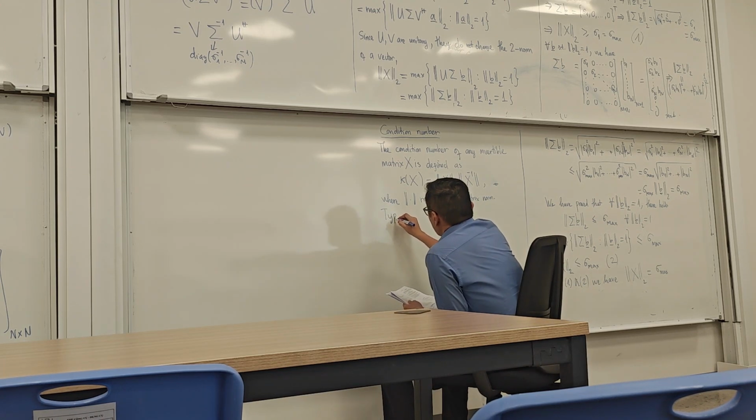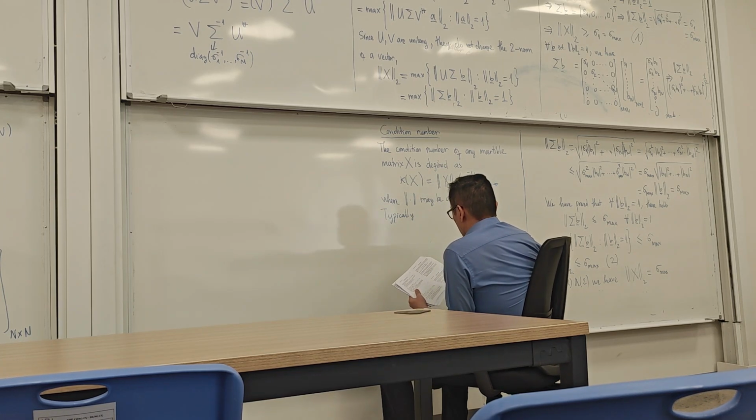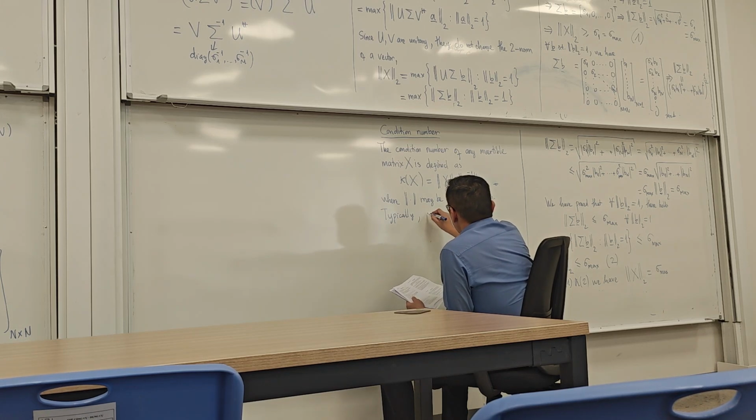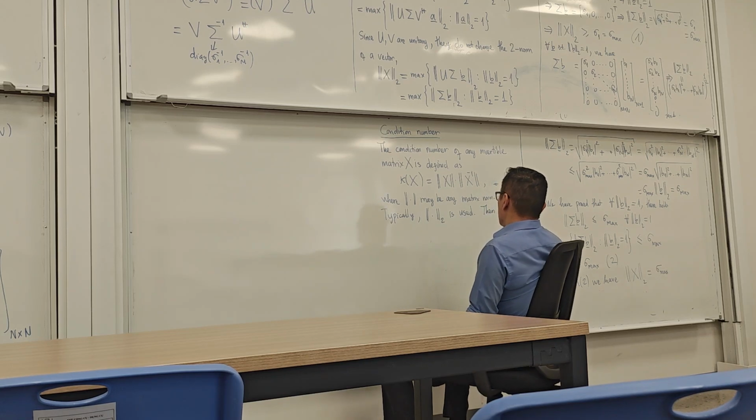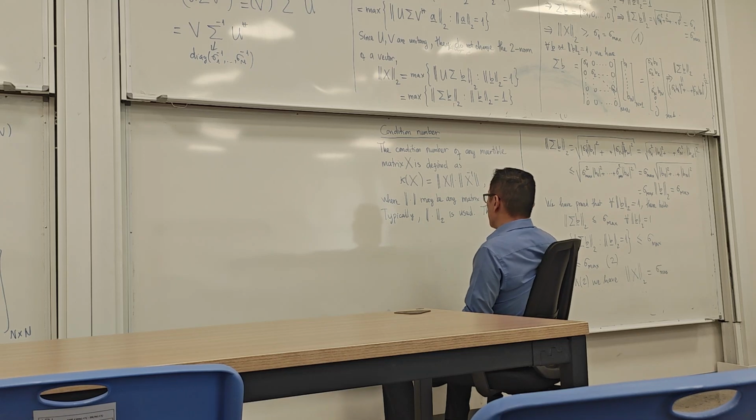Typically the L2 norm is used. Normally we use the L2 norm. So the condition number depends on the way we define the norm.